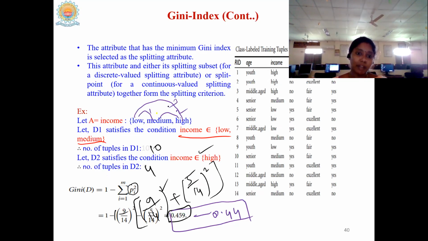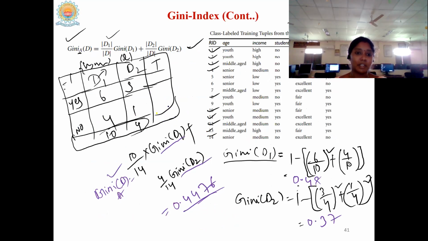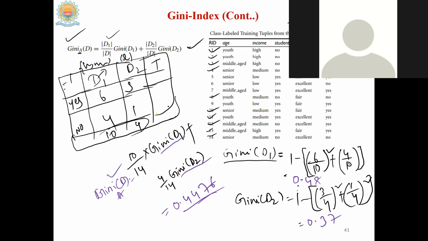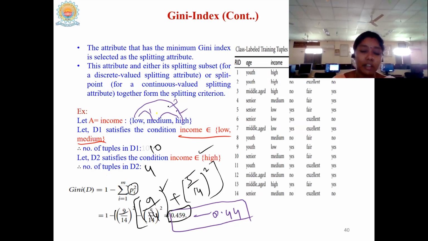Actually, in this example, we started expanding for low, medium. But in the next slide, I forgot that, and we have experimented on high, medium. Did you observe that change? Don't get confused. This is not a problem actually. Till now, we have calculated the GINI index of the split for the high medium subset.